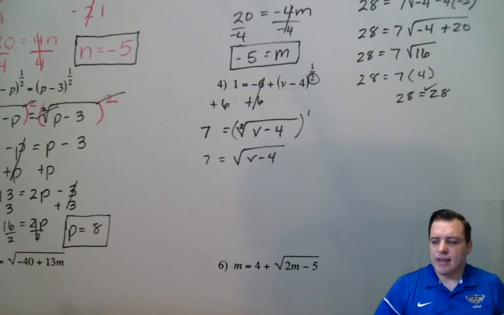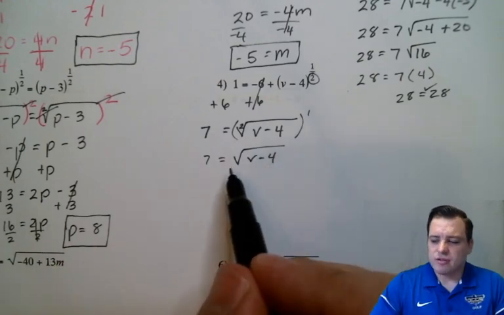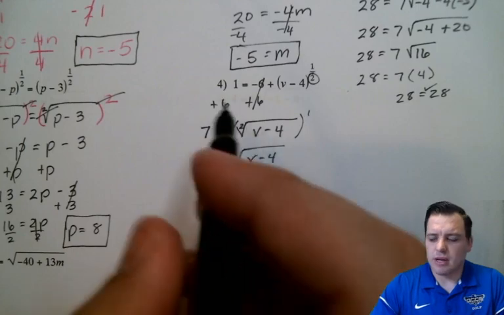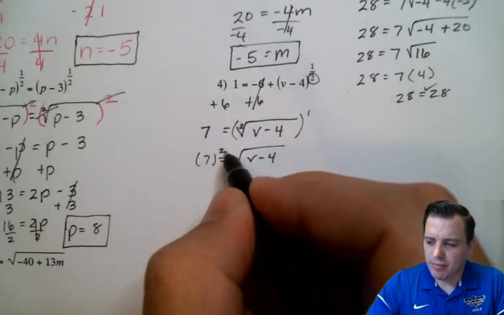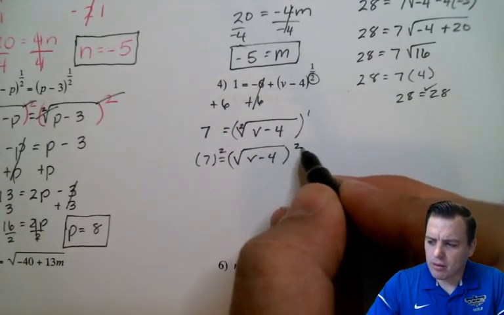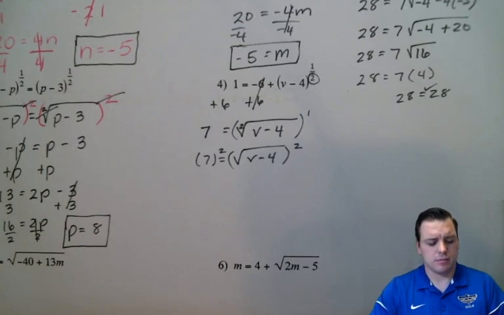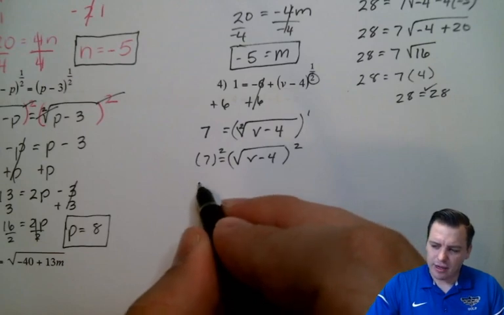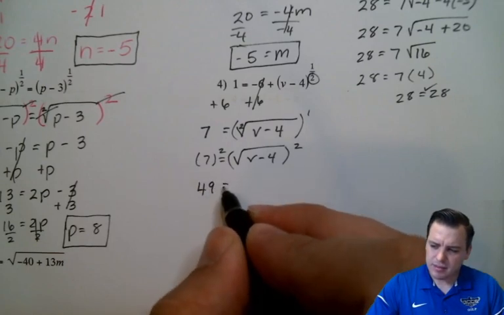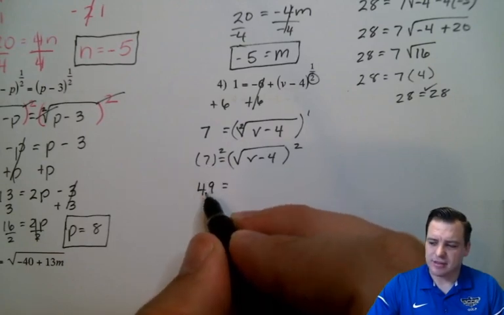From there, I need to get that square root off. So the inverse operation of square rooting is to square. So I square both sides. And I get 49, because 7 squared is 7 times 7, which is 49.